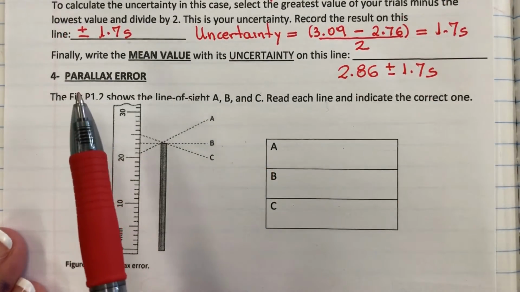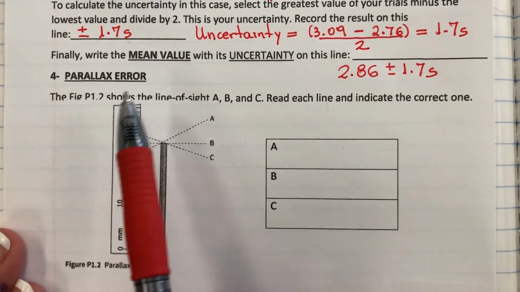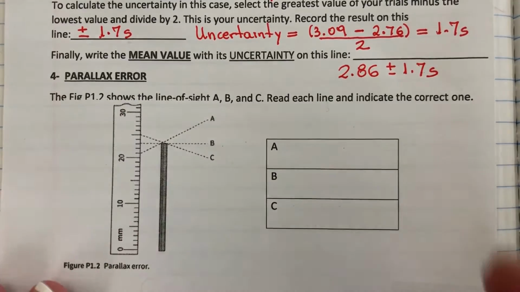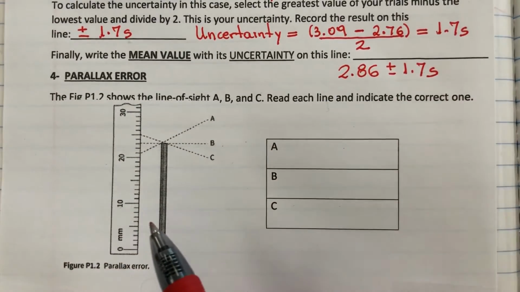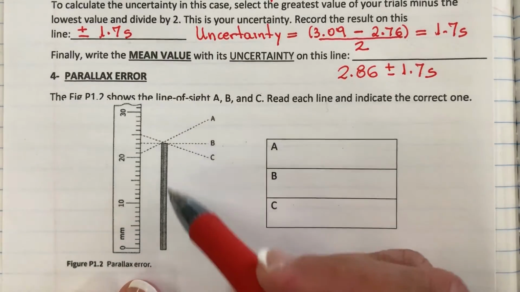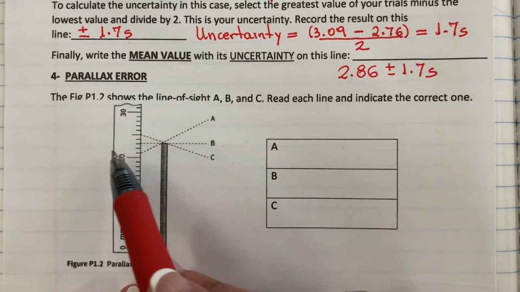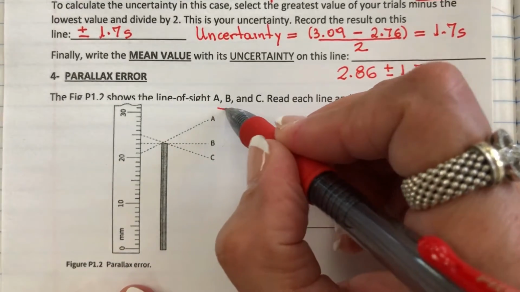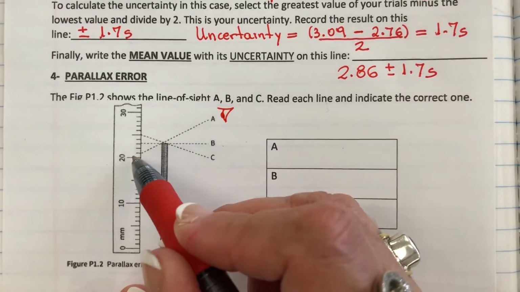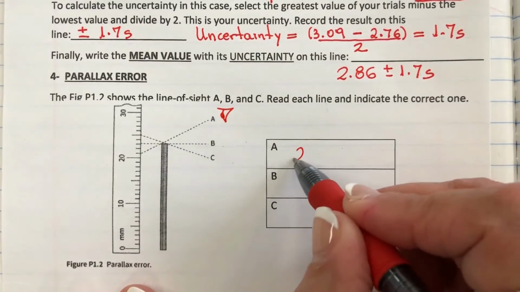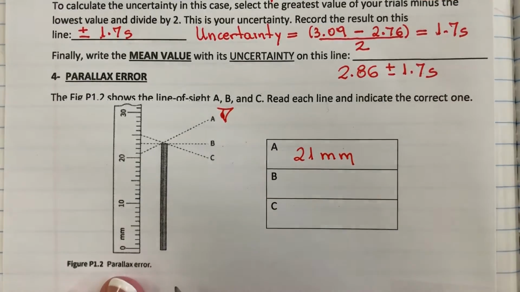Now let's review or learn what parallax error is. Parallax error has to do with your eyesight, how you are reading your measurement. In this case, I have this wood rod placed by this ruler, but if I have my eyesight in this direction, I'm going to read 21 millimeter because that's the unit that I'm reading.